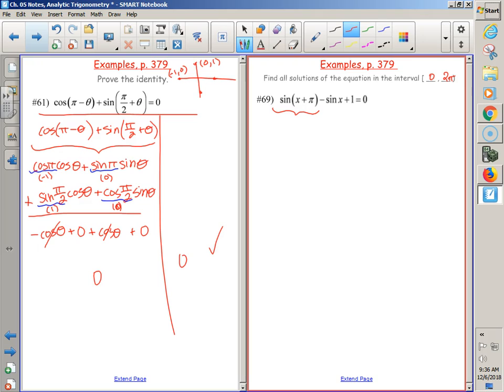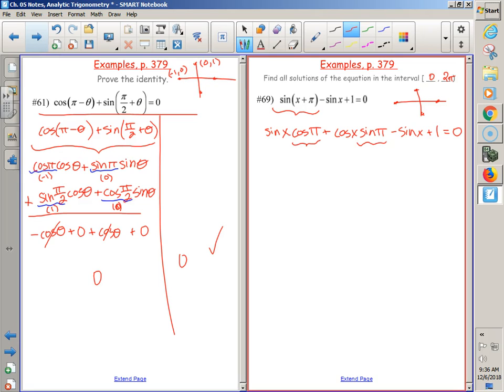No, that's cosine. So you tell me the formula. Sine u cosine v plus cosine u sine v. Stay the same. Exactly.